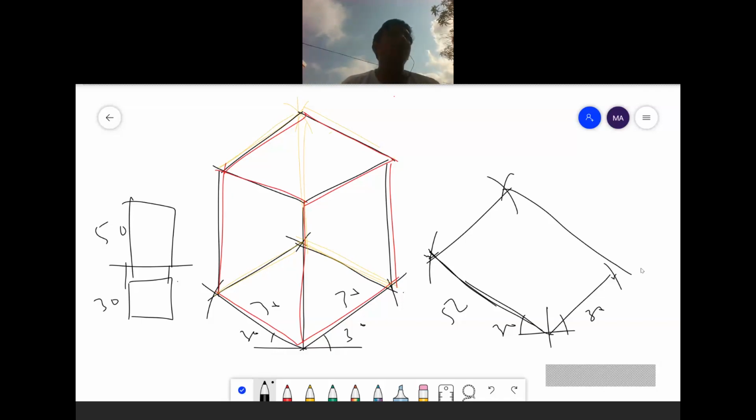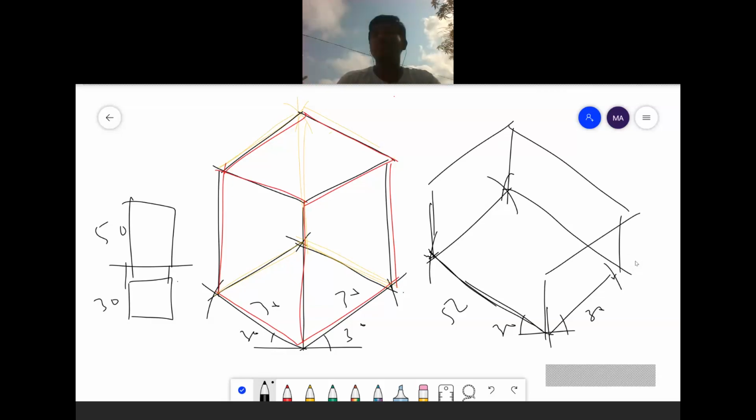From the rectangle, the other side dimension will be 30 mm, so you are extending 30, 30, 30, 30, and joining all these things will form a prism when its axis is horizontal.